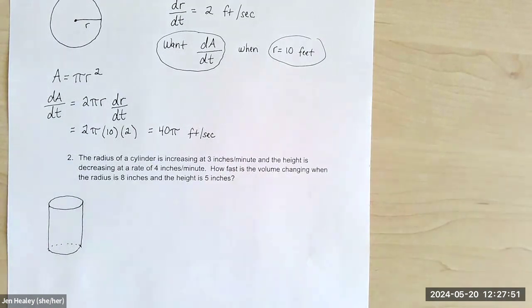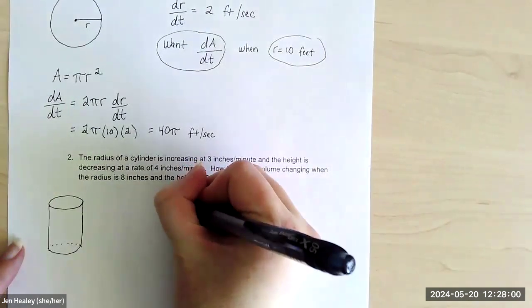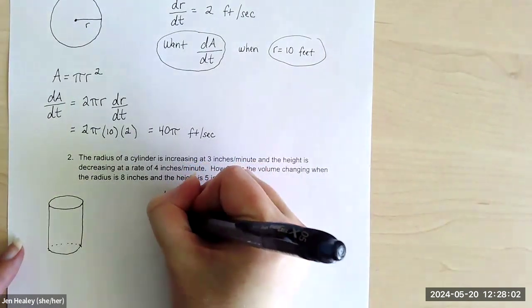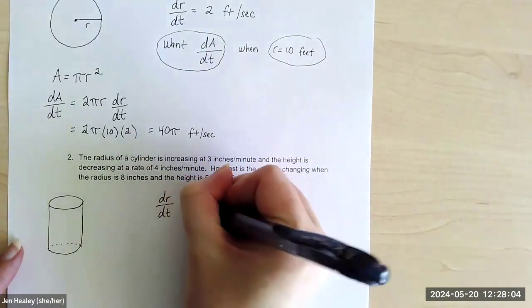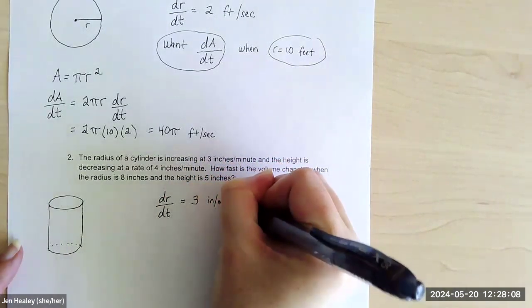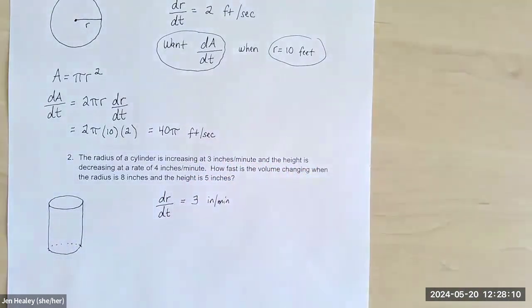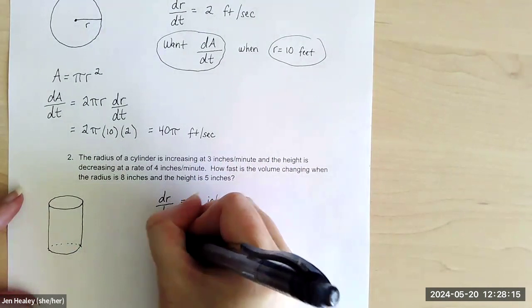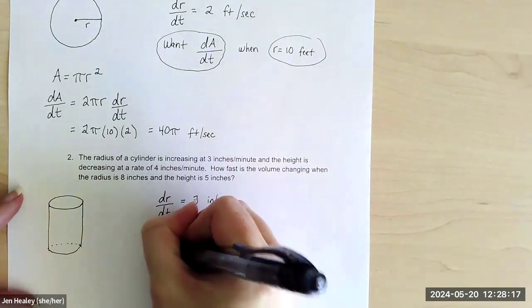I know there's a lot of words in there, but I'm going to put down the things that they did tell me. They told me that the radius is increasing. So dr dt is equal to 3 inches per minute. They also told me that the height is decreasing. So dH dt equals -4 inches per minute.